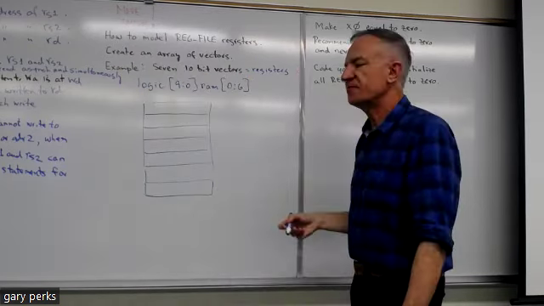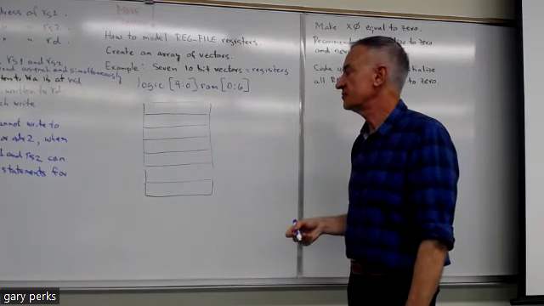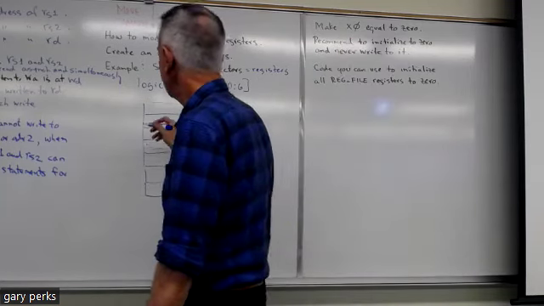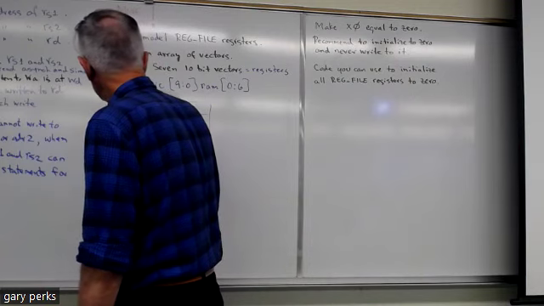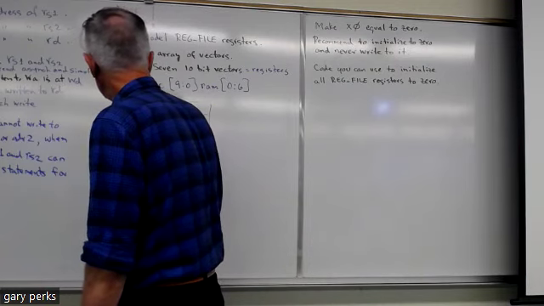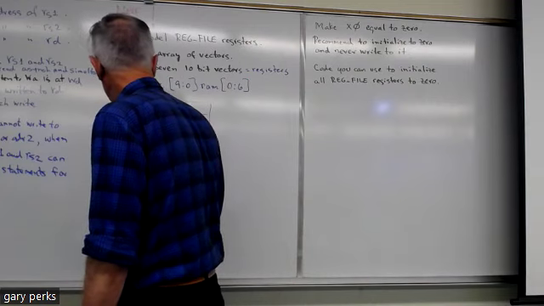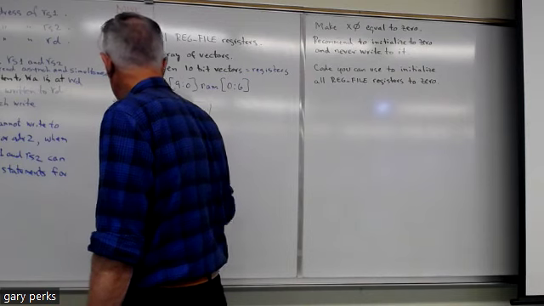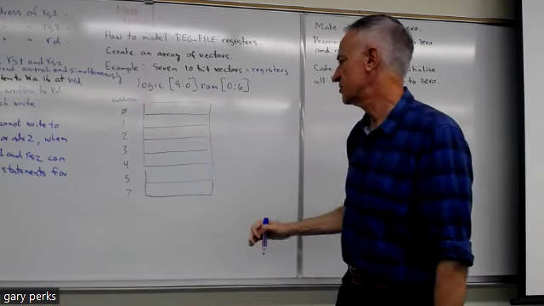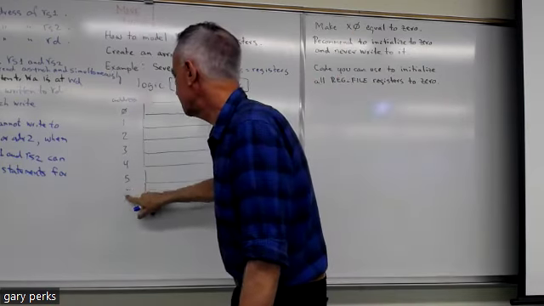Each row represents a vector or a register in this case, and then 0 would be the address of the top one. 1, 2, 3, 4, 5, 6, not 7.